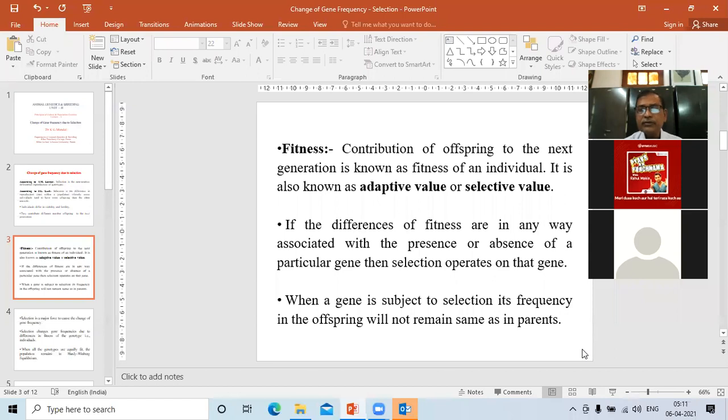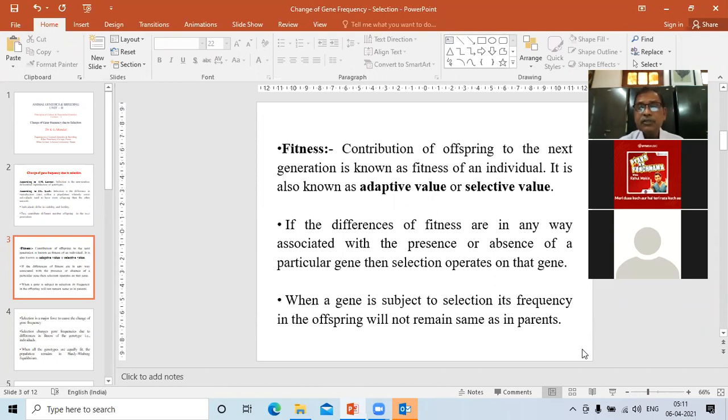This is not physical fitness. The individual which contributes the maximum number of offspring to the next generation is said to be more fit, and the individual which contributes fewer offspring to the next generation is called less fit.